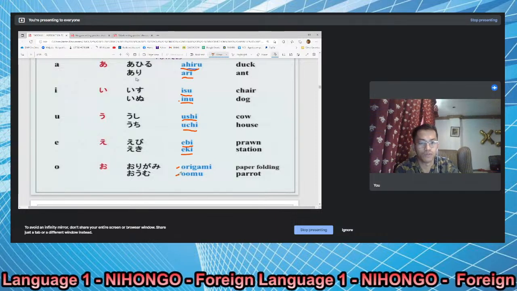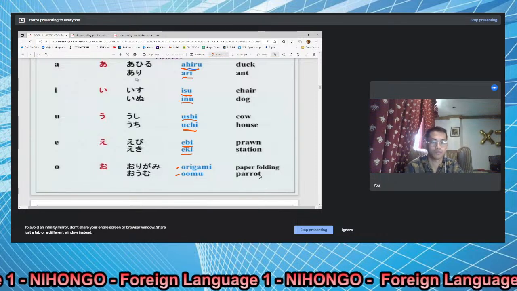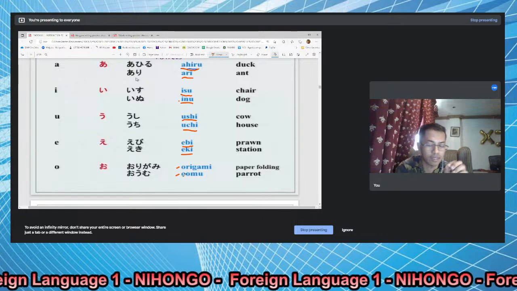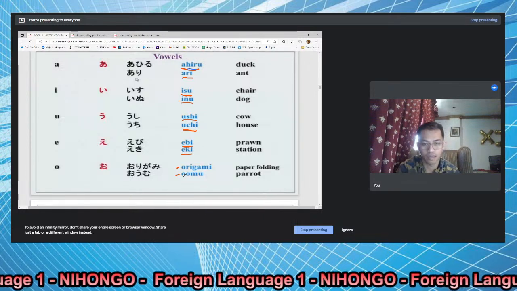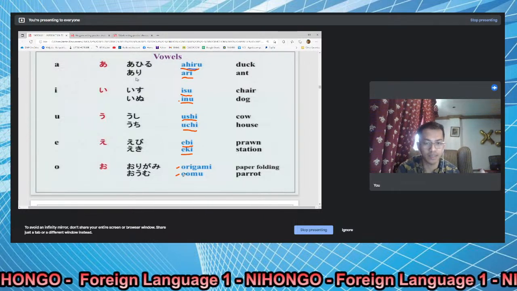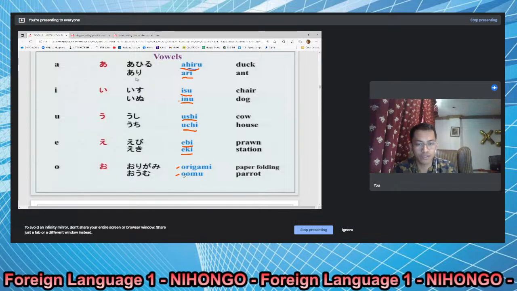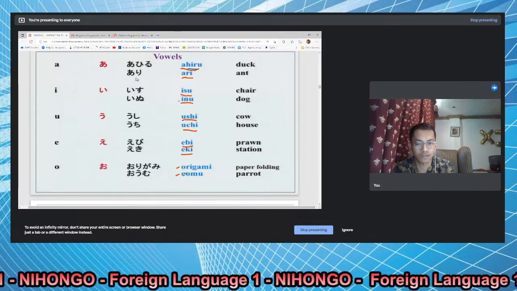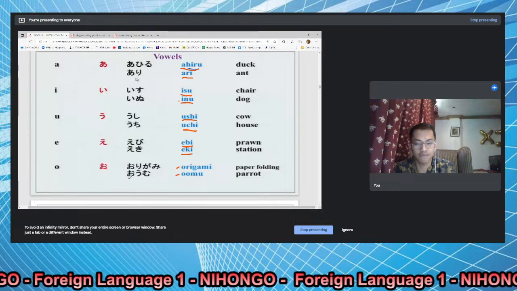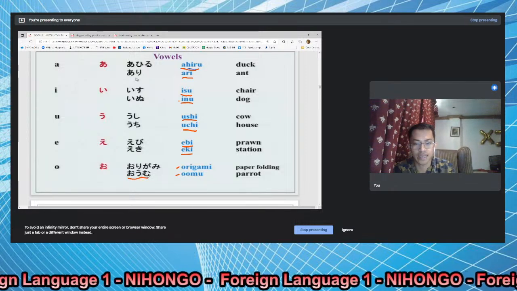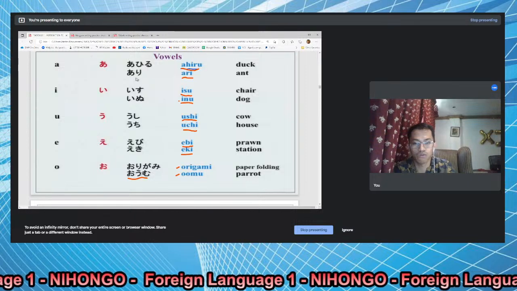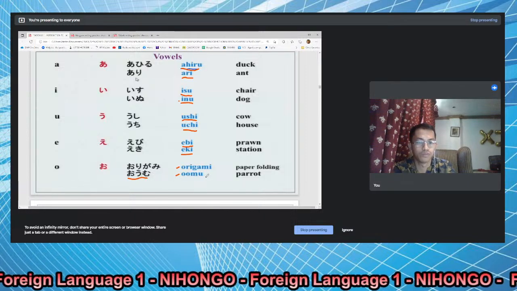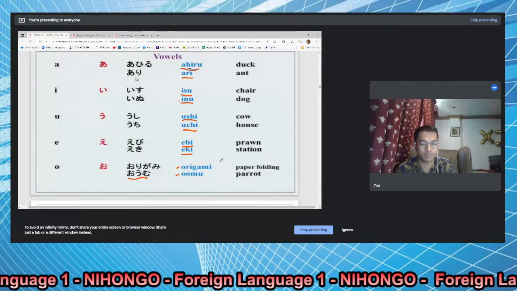And omu, parrot. Usually with a long vowel, as I discussed in our first meeting, if you read it in the alphabet, it is a double O. But if it is written in hiragana, it's O, U, mu. Okay? So it's omu, which means parrot.